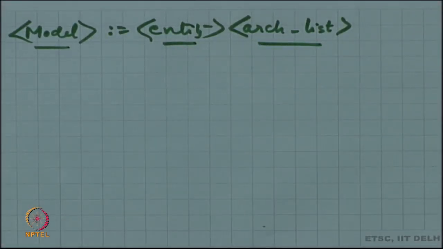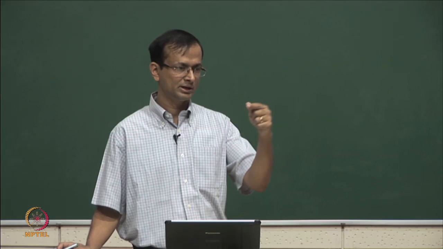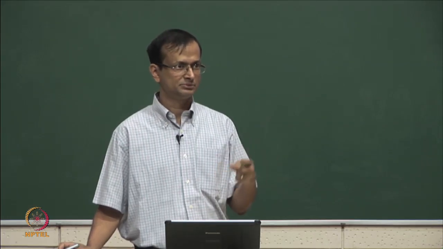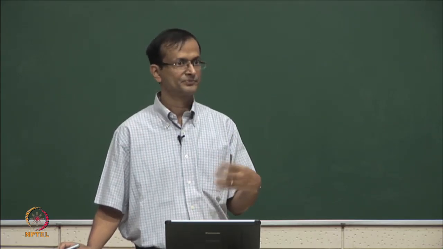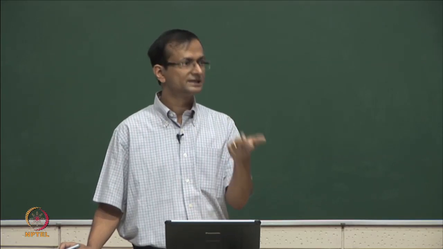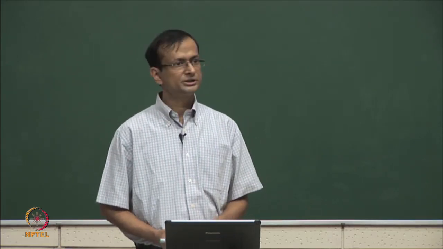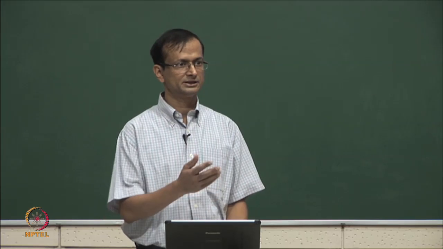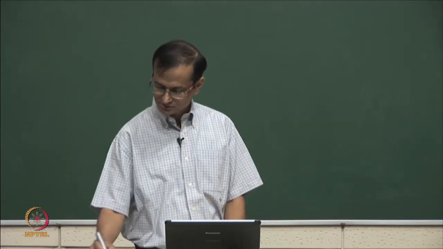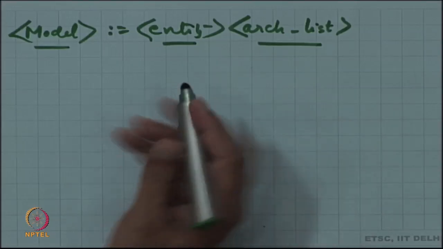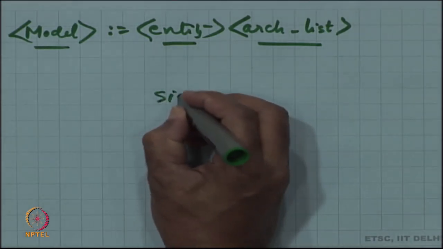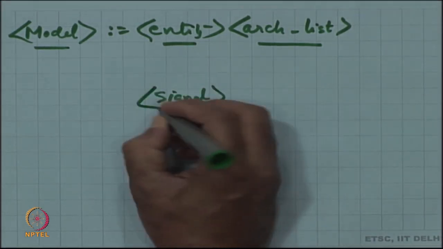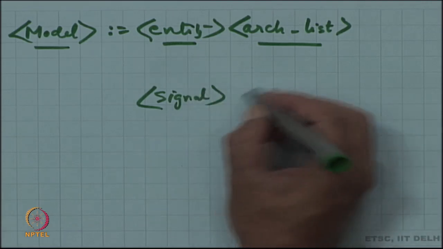Entity is what we just developed. So, that is my entity. Similarly for architecture, I would have another rule. Within that architecture, I would allow a number of concurrent processes or signal assignments. Now getting to a signal assignment, you can see how this is recursively developed, right. I can say that a signal assignment should consist of, in the very simple case, a signal or an identifier, as of now it is just an identifier.